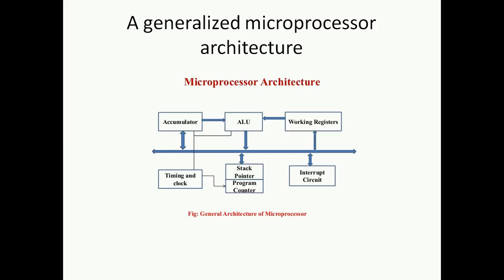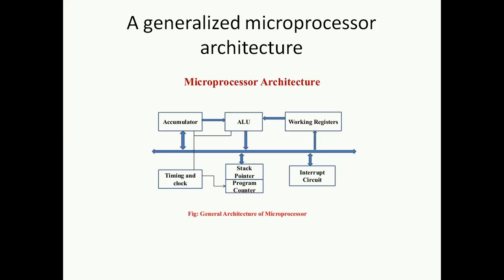The size of these registers and all those things can vary, but this is what a generalized microprocessor should have: an accumulator, the ALU, that is the arithmetic and logical unit, and the working registers, or in other words general purpose registers. This kind of register is a scratch pad, you can say. You write some values into it, you perform some operations in the ALU, and you store the results in the accumulator.